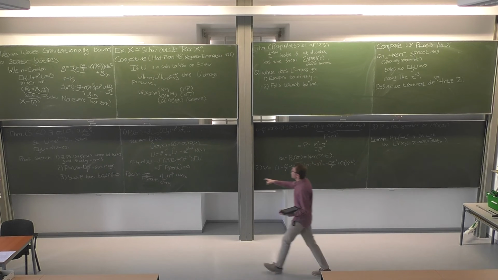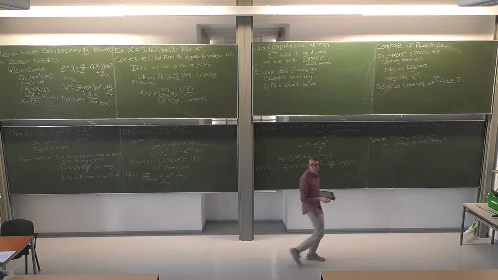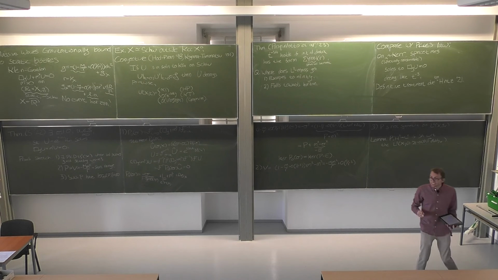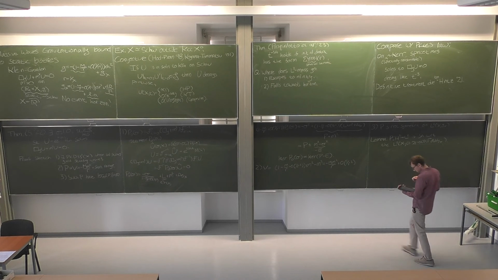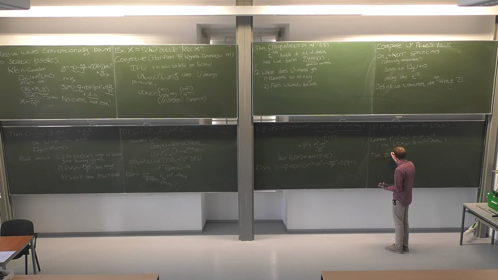Well, because L came from the metric. All right, so then the theorem, which I'm going to write as a picture, is that the spectrum of P looks like the following.